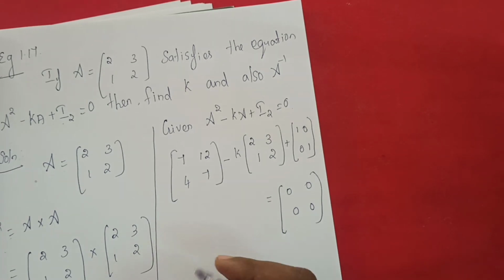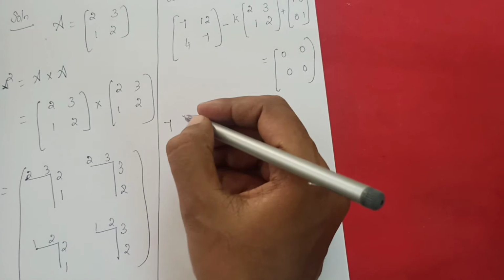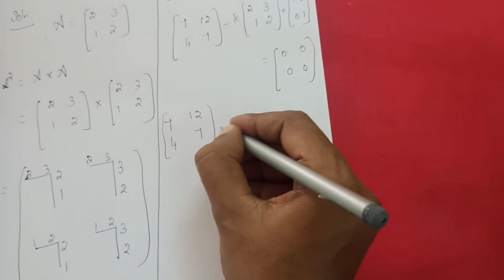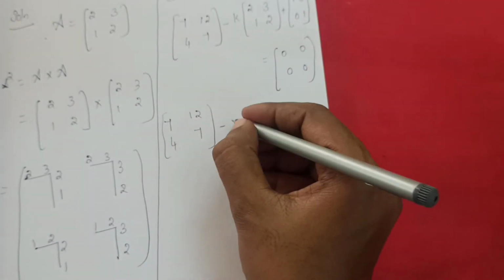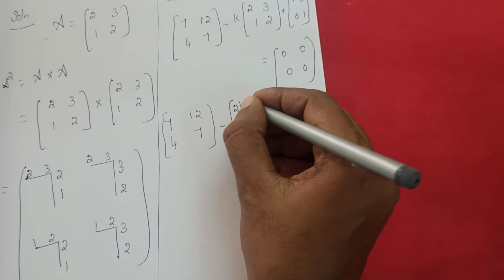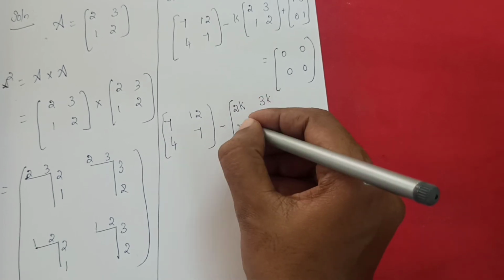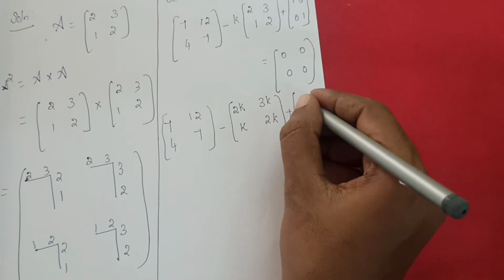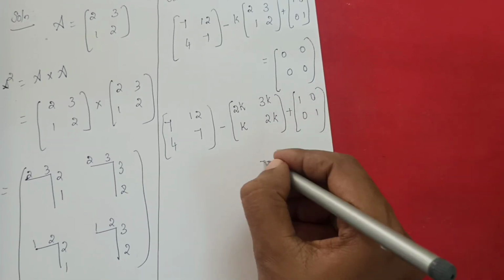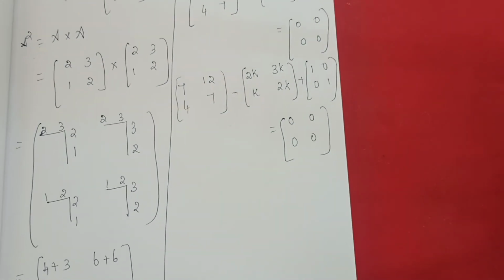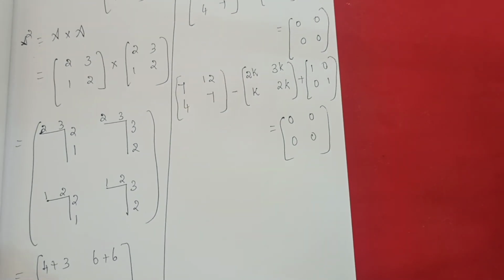Now what you are going to do is 7, 12, 4, 7 minus; we multiply by K here. So minus you can keep outside, K you can bring inside: 2K, 3K, K, 2K, plus 1, 0, 0, 1, equal to 0, 0, 0, 0. Now we are going to add and subtract. I already taught you, if the order is the same, we can add and subtract.